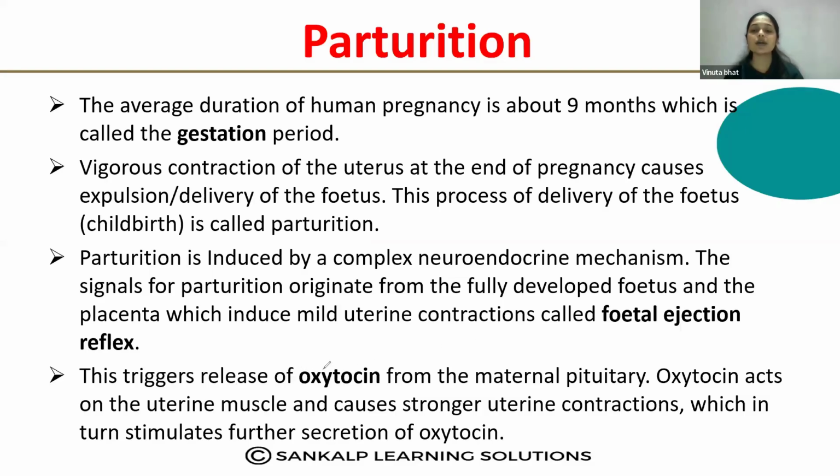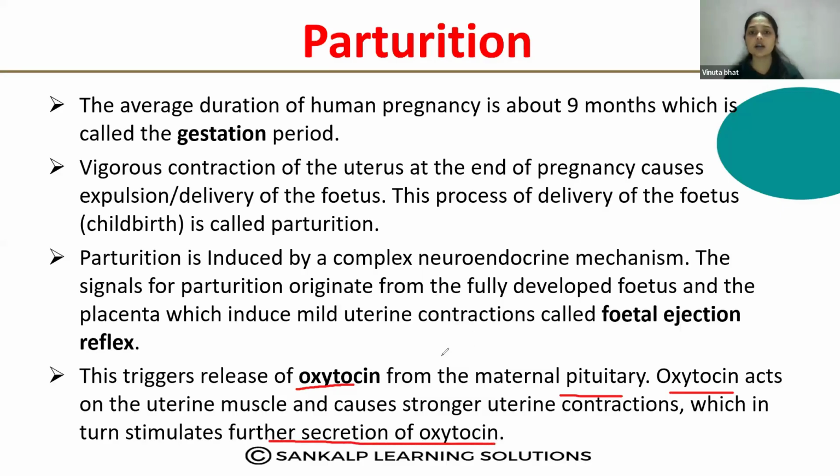When the mild uterine contraction starts, it triggers the release of the oxytocin hormone from the maternal pituitary, and the oxytocin acts on the uterus. This causes stronger uterine contraction, which in turn stimulates further secretion of oxytocin.